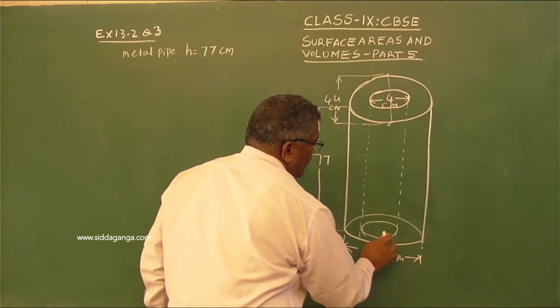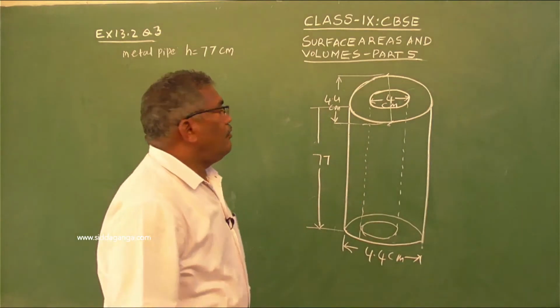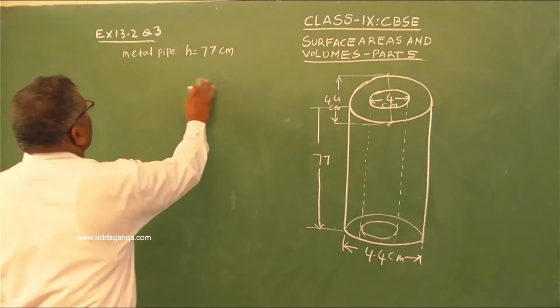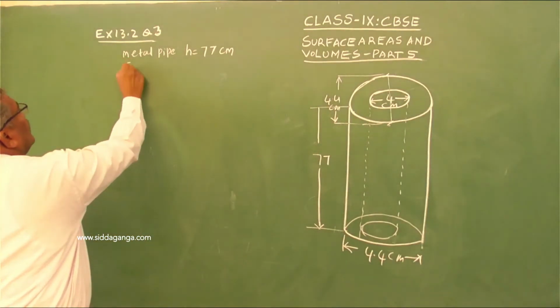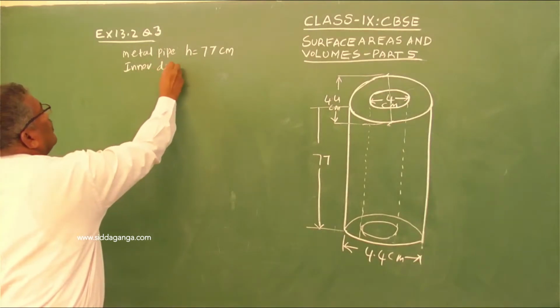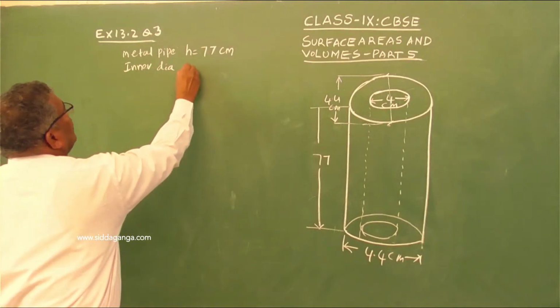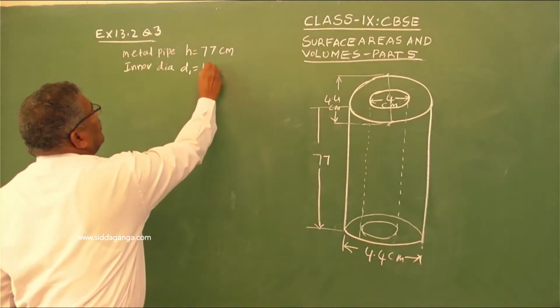The inner surface area we have to calculate. First, the inner diameter, let it be d1 equal to 4 centimeter.